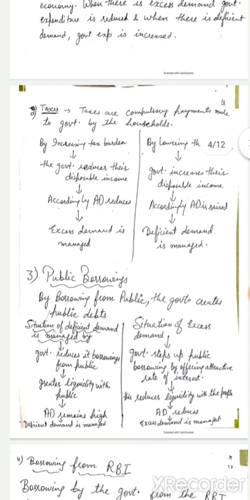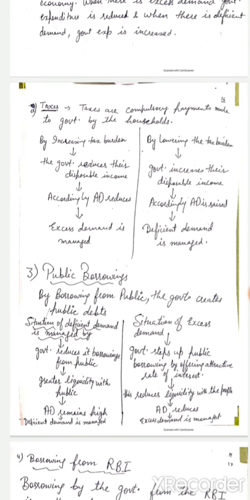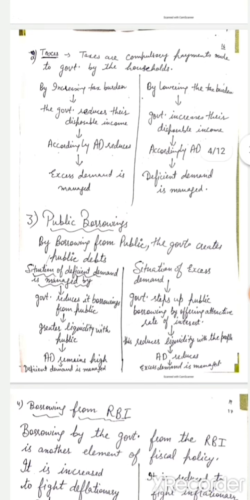The second component of fiscal policy is taxes. Taxes are the compulsory payment made to the government by the households, and we can use taxes to combat the situation of excess demand and deficit demand. By increasing the tax burden, the government reduces the disposable income of the households.